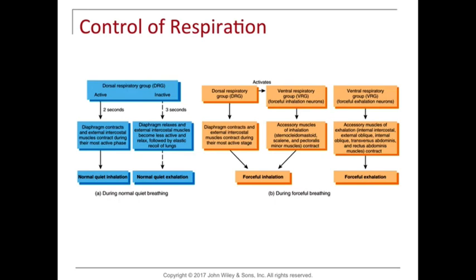Now, on the right-hand side, you can have forceful breathing. We have forceful inhalation and forceful exhalation. So you can see the dorsal respiratory group, the DRG, also activates the VRG. So you have the dorsal respiratory group, the diaphragm contracts and the external intercostal muscles contract during their most active phase, which is what we saw, but also the VRG for forceful inhalation, the accessory muscles of inhalation, the SCM, the scalenes, the pec minor, all contract, creating forceful inhalation.